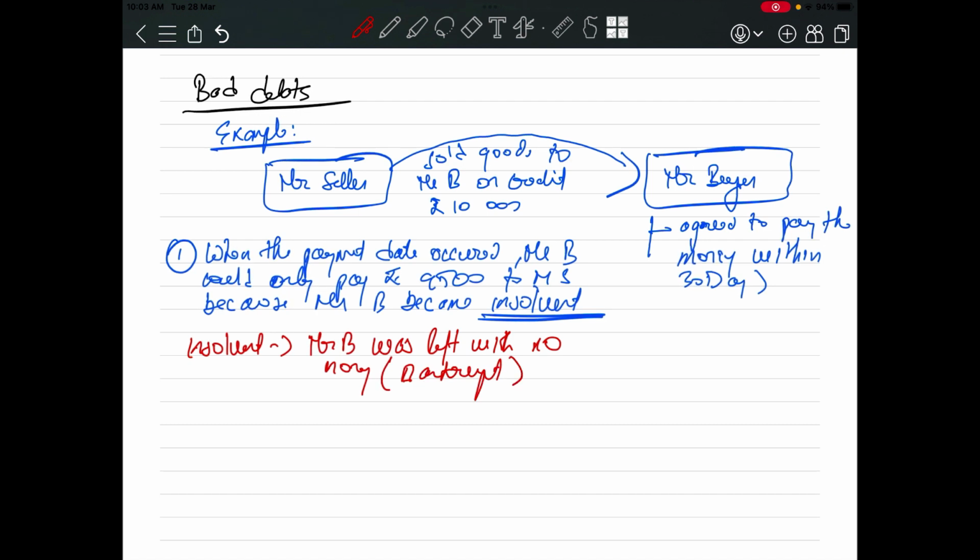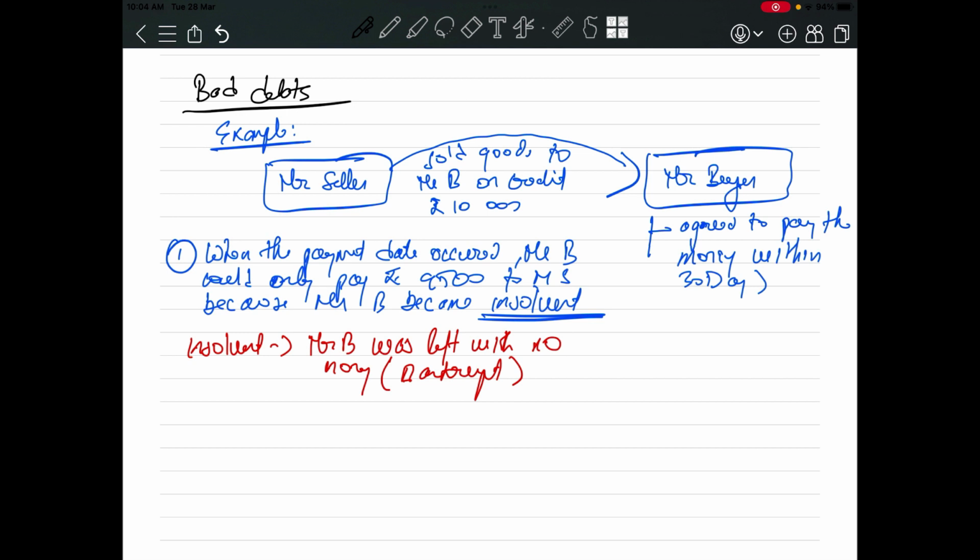If you want to understand what's bankrupt, you can simply Google it. Bankrupt simply means the court has ordered that you are left with no money. If you have to pay anyone, if you have taken any loan, or if you have any obligation, you won't be able to pay any amount. You are bankrupt.